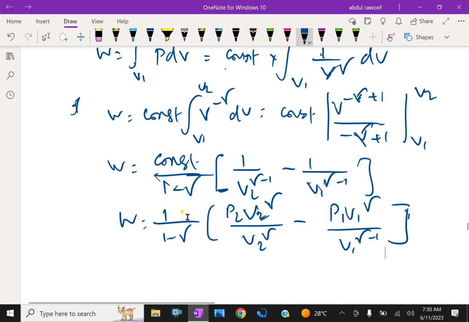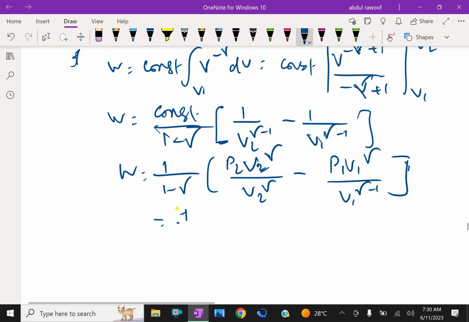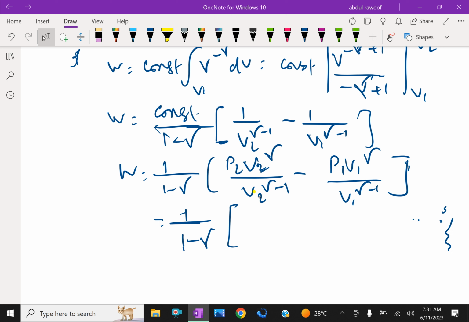Now simplifying this, we get 1 over 1 minus gamma. Simplifying, the V2 to the power gamma cancels, giving P2 V2, because V2 to the power gamma over V2 to the power gamma minus 1 is V2.